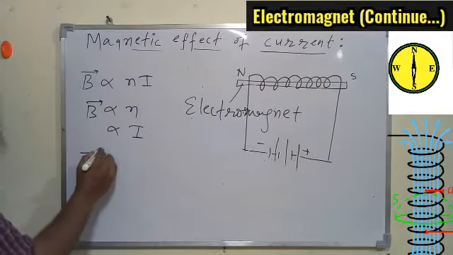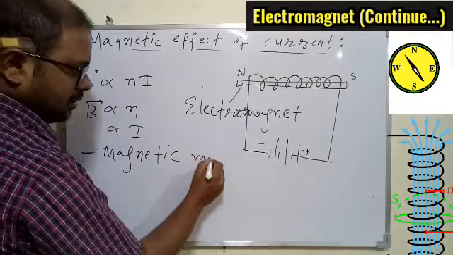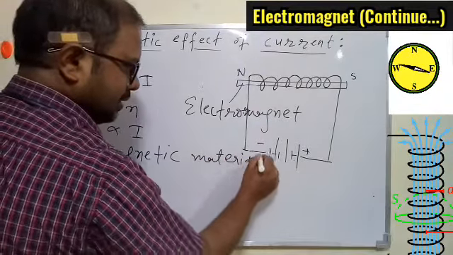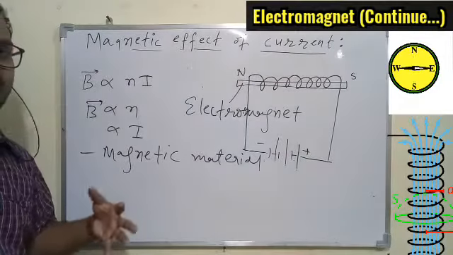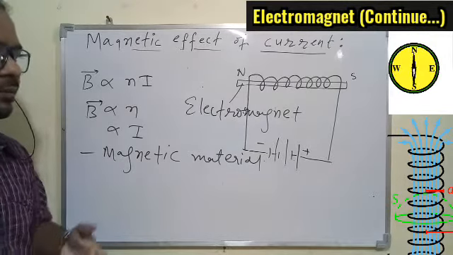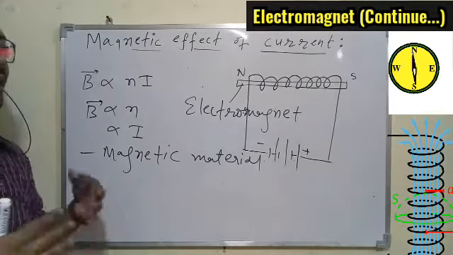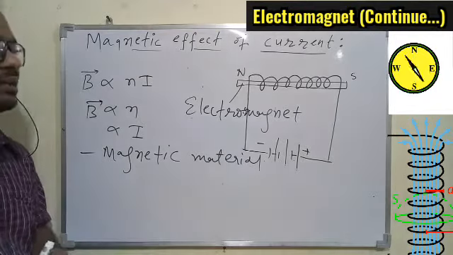And third thing is the magnetic material. So we have different types of the magnetic material. So some material is converted into a very good magnet, a strong magnet, as compared to the other.